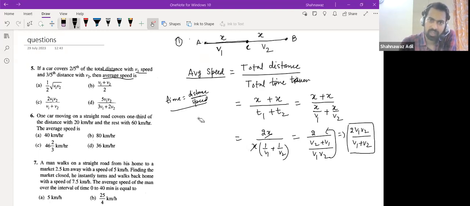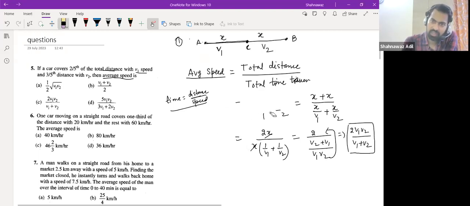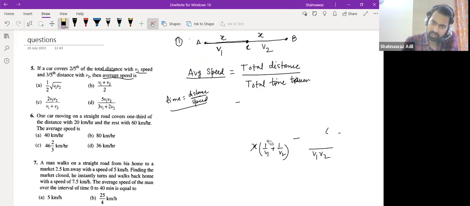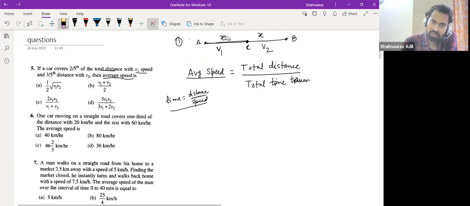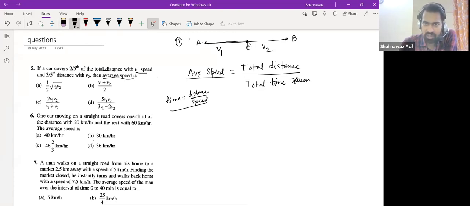Yes, sir. Now let us understand the second case. So in the second case, what do we have? We have equal time intervals. So this time from A to C, it takes the same time from C to D. Now you see the times are equivalent.